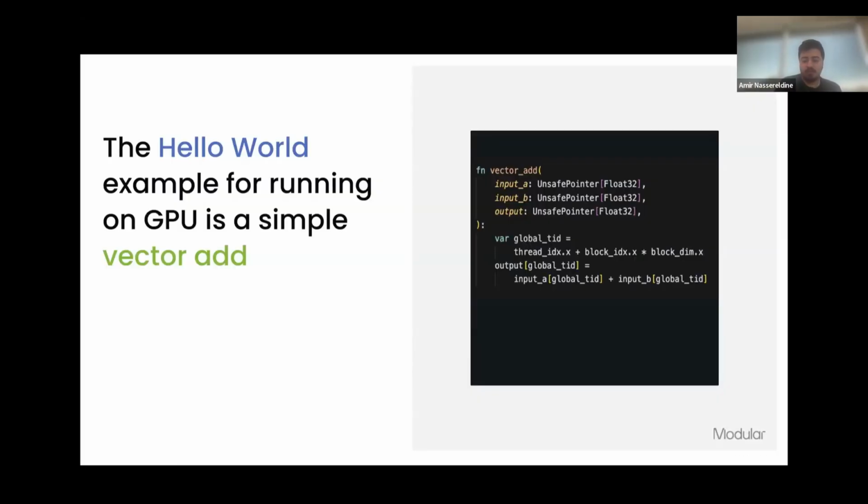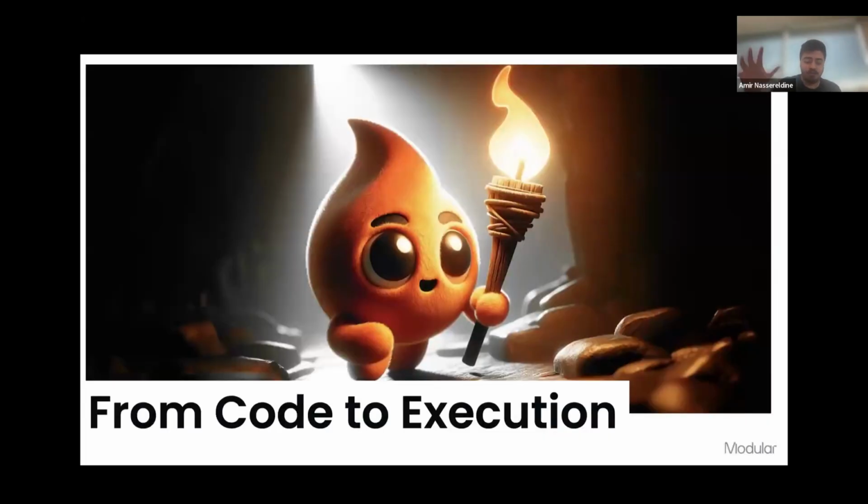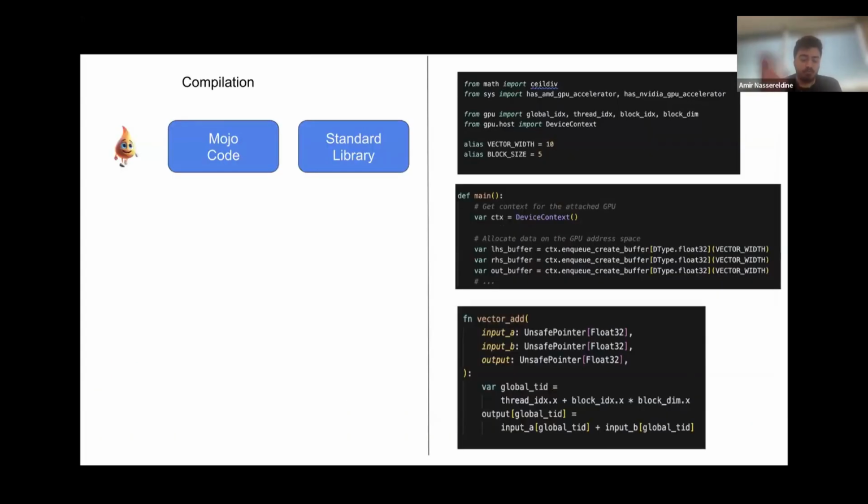To go from this code into execution, I'll give some background and explain some components of what I'm presenting and the stuff that I've worked on. I'll talk about how we take code, compile it, and then go into execution.